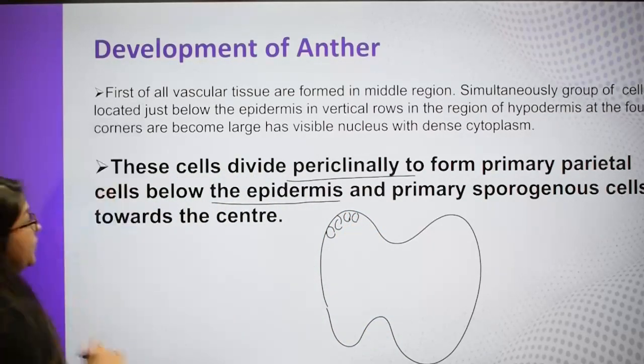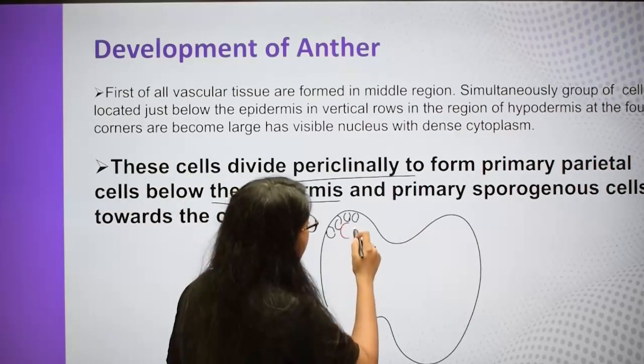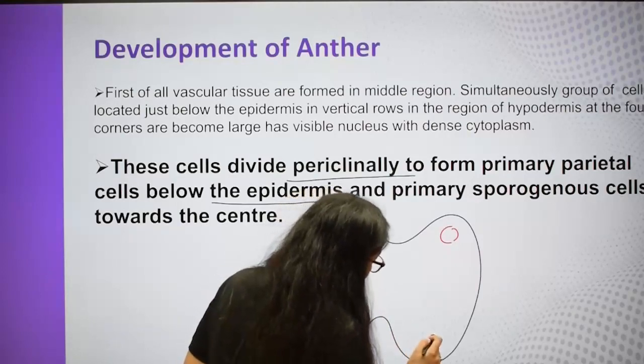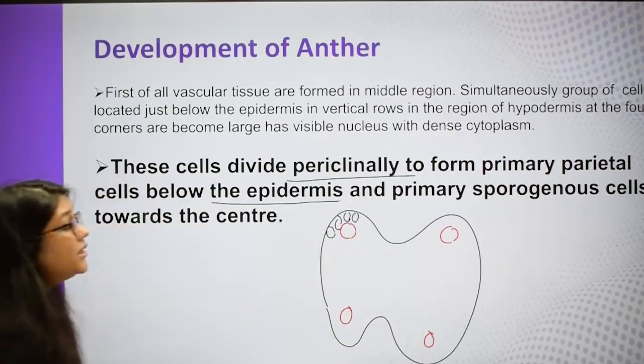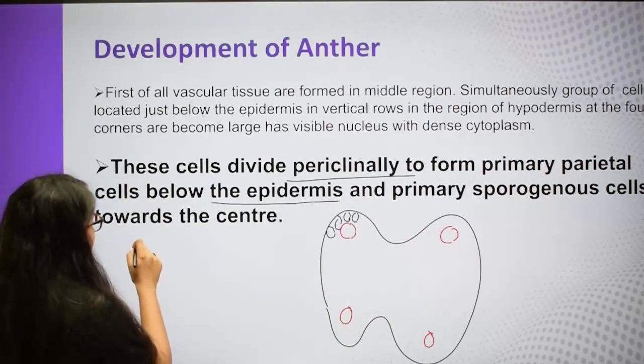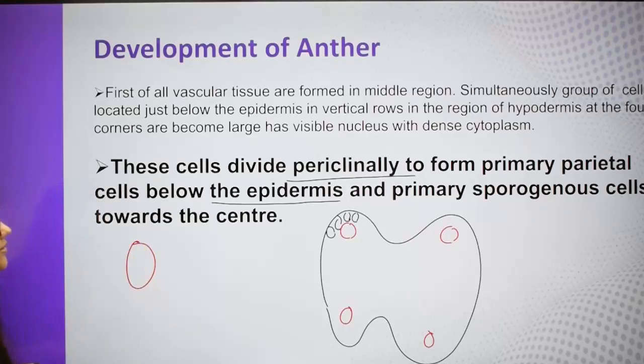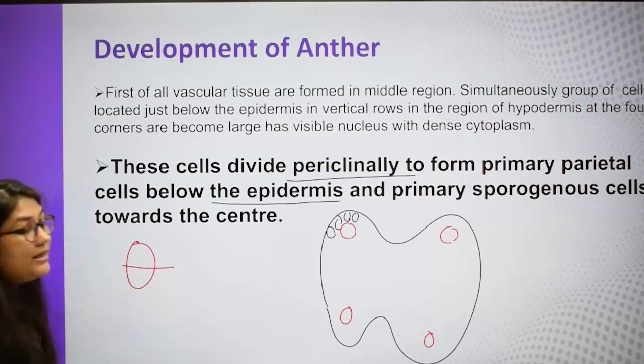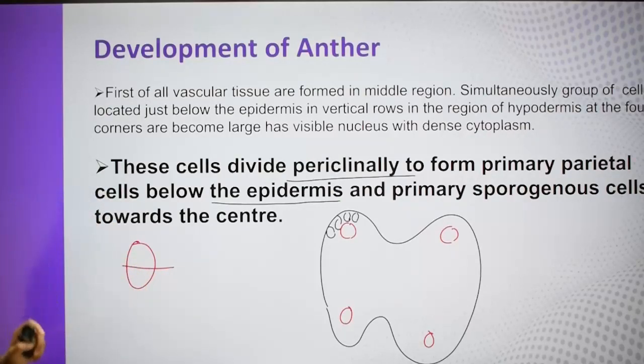One of the cells has become prominent in all the four areas like this. Now I'm talking about this cell. What is going to happen in this cell? There will be a division. It is going to divide periclinally like this and form two cells.